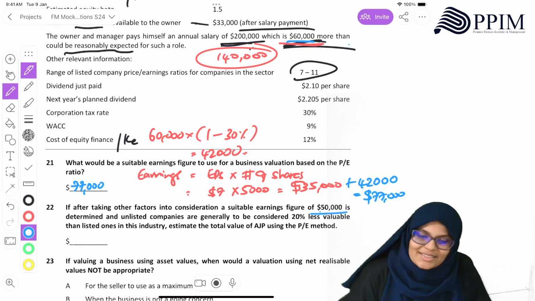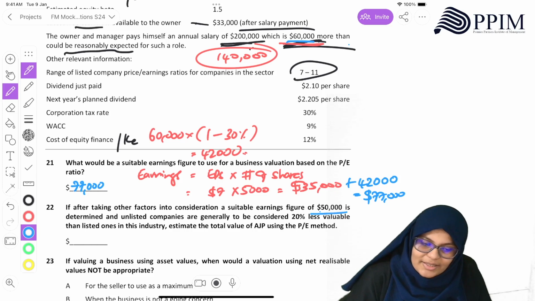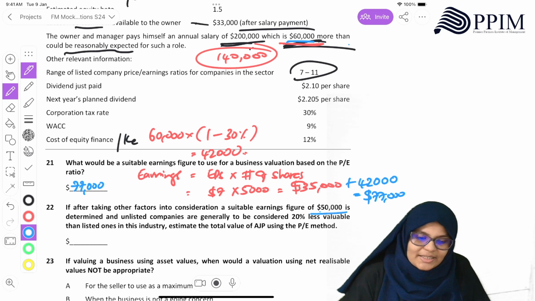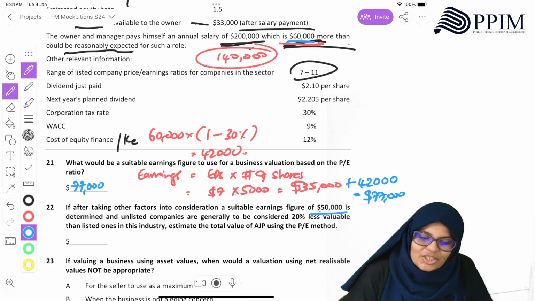So 50,000 is the earnings figure. I'll read again. If after taking other factors into consideration, a suitable earnings figure of 50,000 is determined and unlisted companies are generally to be considered 20% less valuable than listed ones, estimate the total value using the PE method.